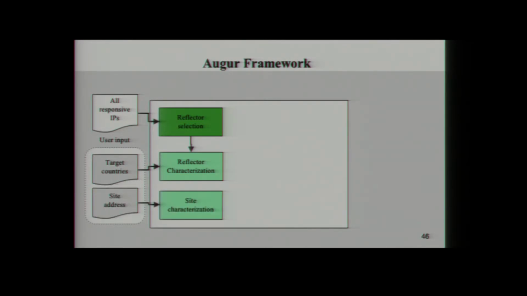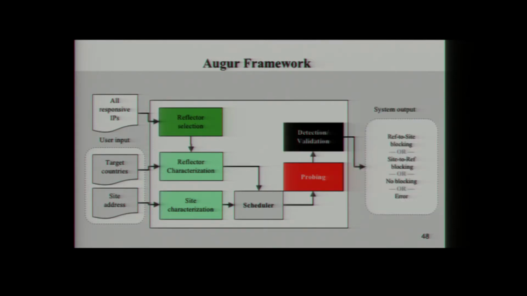Then we decide what type of sites we are interested in measuring globally, what we want to know about being TCP/IP blocked globally. After deciding that, we schedule measurements and run our Spooky Scans for all the sites and reflectors we selected. And then we look at the data and try to detect and validate the blockings that we detect.